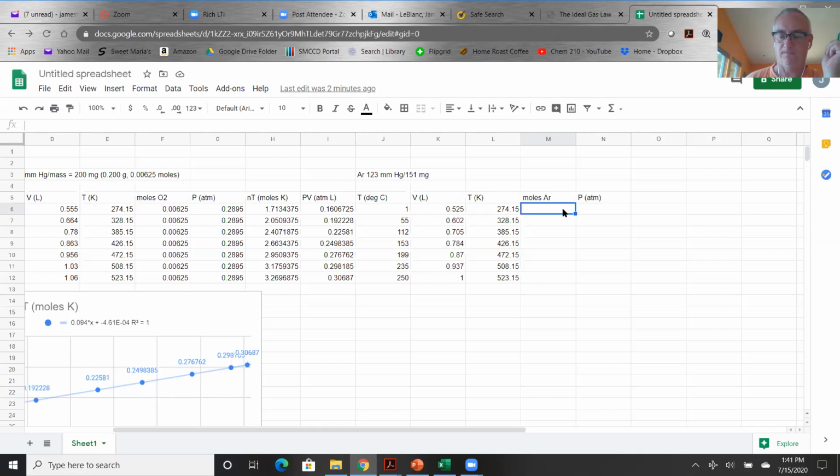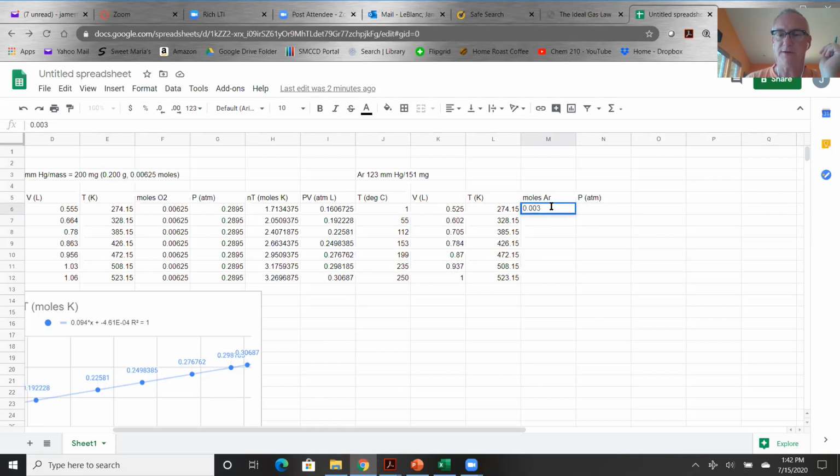151 milligrams is 0.151 grams. Excellent. Oh, atmospheres, you mean? No, moles of argon. Oh, yes. That's not moles, that's grams. Okay, you're halfway home. How many moles is that? 0.003779991.